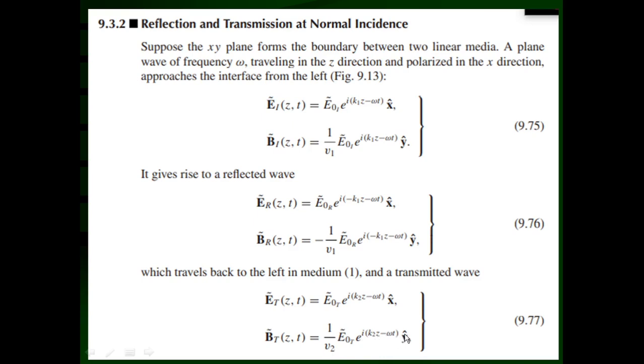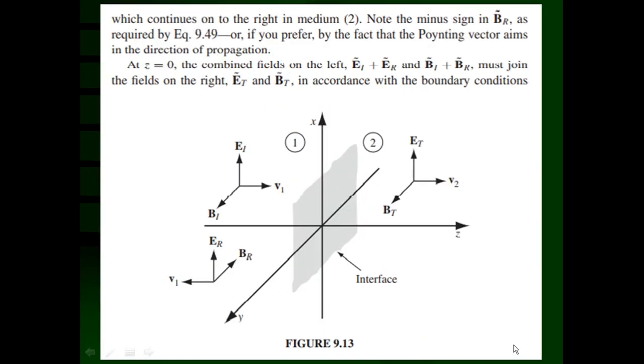It is also in the positive y direction because it is not changed. That is equation 9.77, which continues on the right into medium 2. That means this is transmitted right into medium 2.